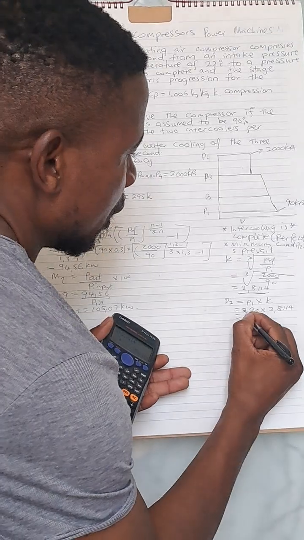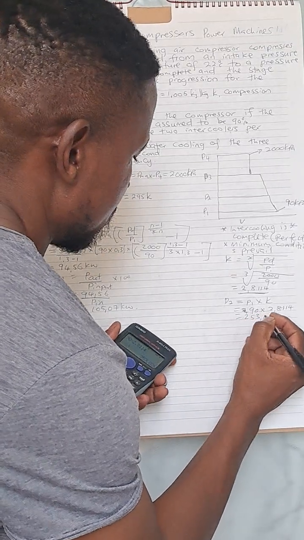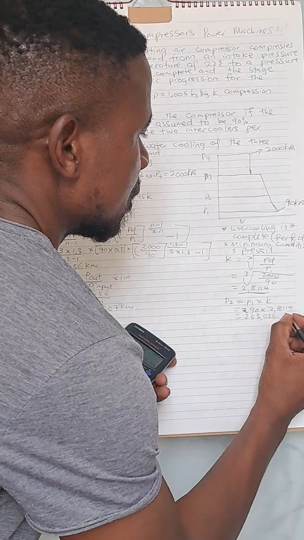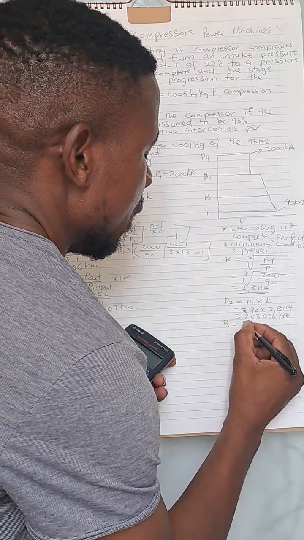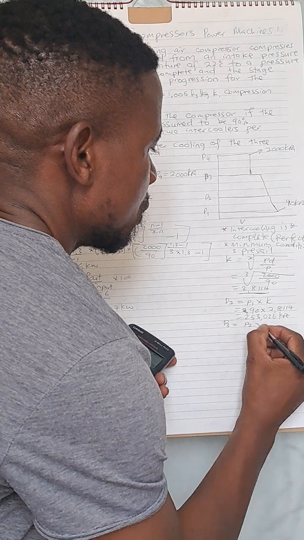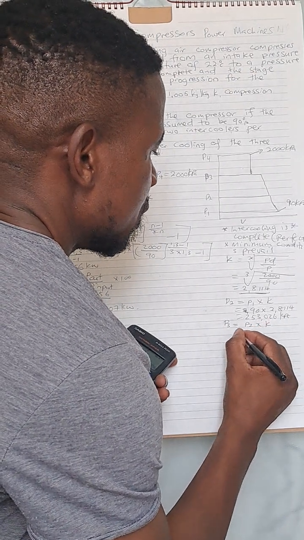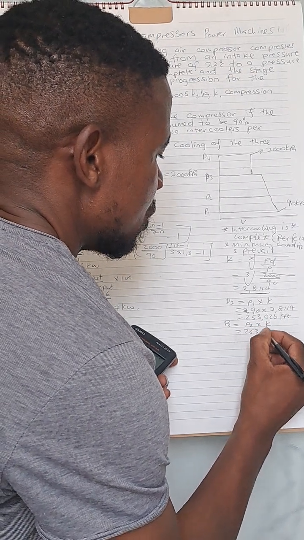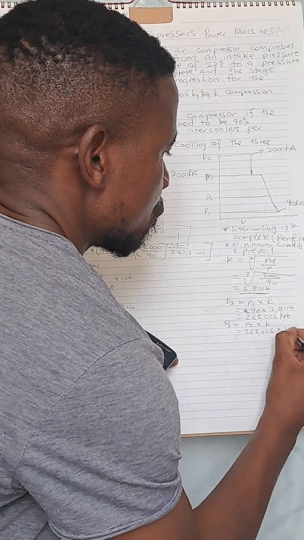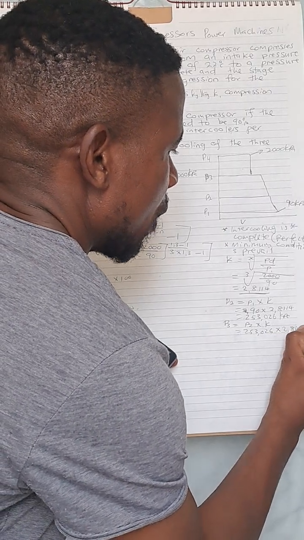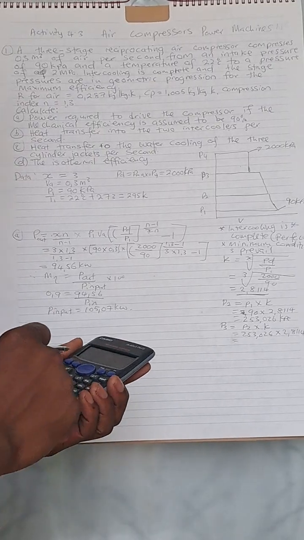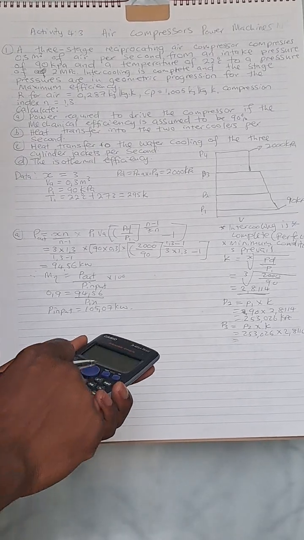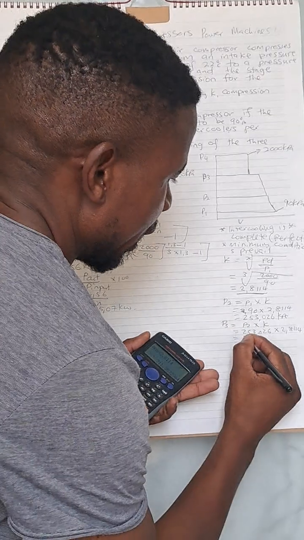I'm getting 253.026 kilopascal. And then our P3 equals P2 times our K, which is 253.026 times 2.8114.